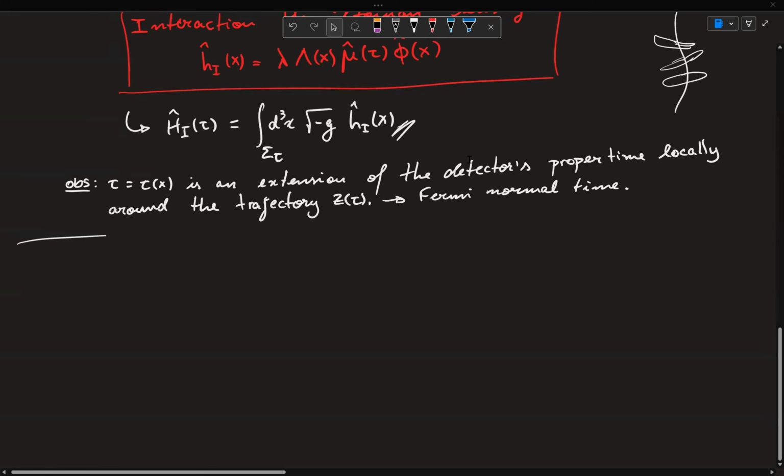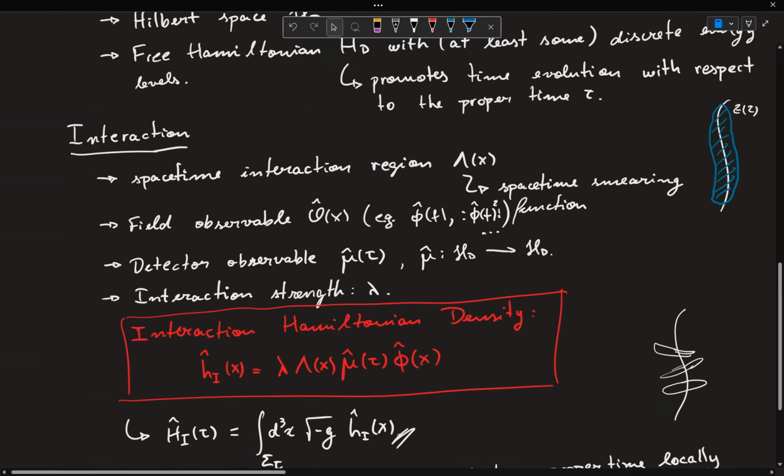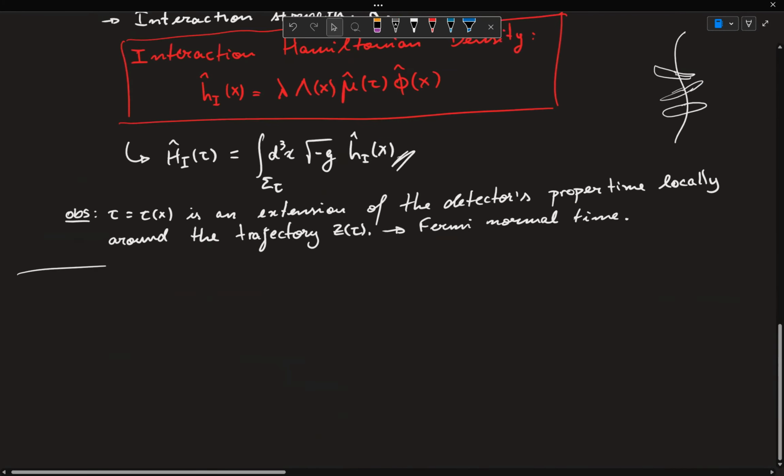Yeah, actually, I do. I'm a little confused if we are still in the localized detector, or if this lambda is already enough to make it a little delocalized. I don't know what you mean by localized detector.